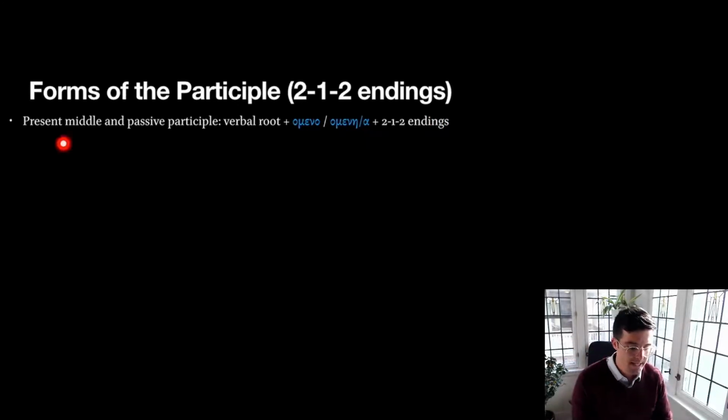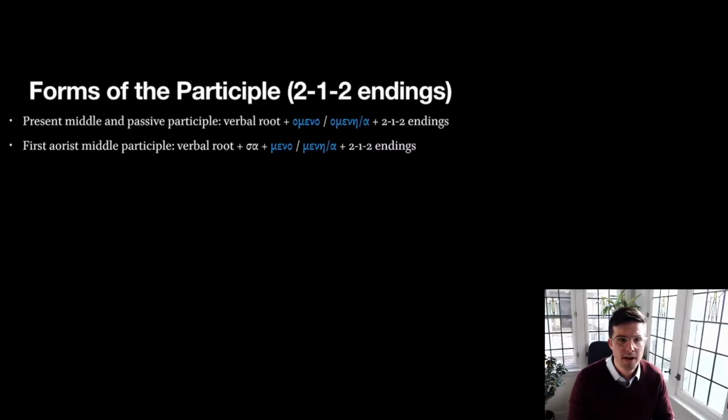So with the present, middle, and passive, these are going to be the exact same forms. The only way to know if it's middle or passive, just like with indicative verbs, is going to be the context of a sentence. With present, middle, and passive participles, we're going to have a verbal root, and then amina, amine, amina with those endings added straight on there.